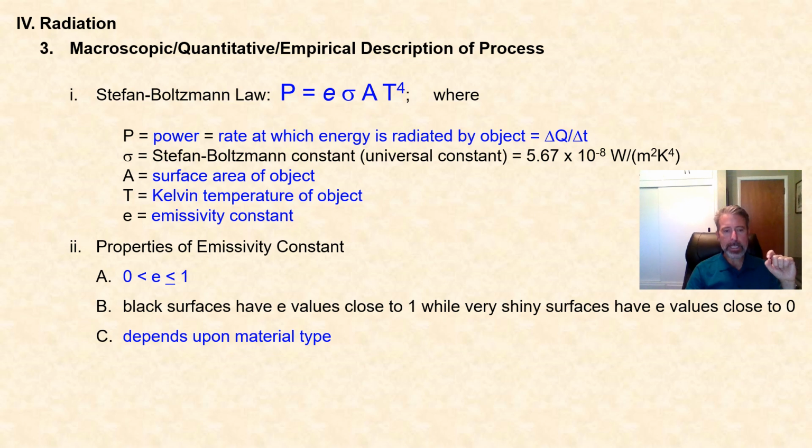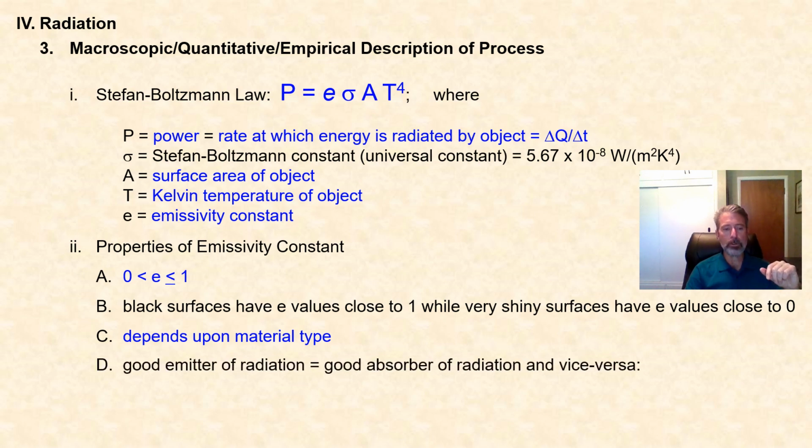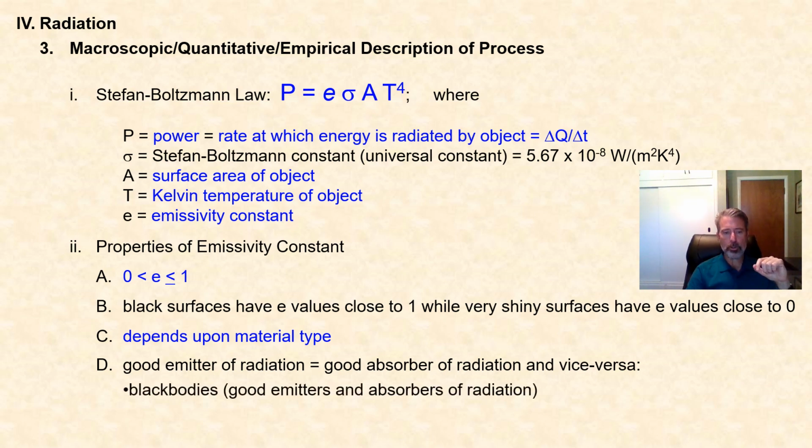Note here that e, the emissivity constant, depends upon the material type. So it is not a universal constant like the Stefan-Boltzmann constant. It's more like the thermal conductivity K value, which also depends upon material type. It turns out that a good emitter of radiation is also a good absorber of radiation and vice versa.